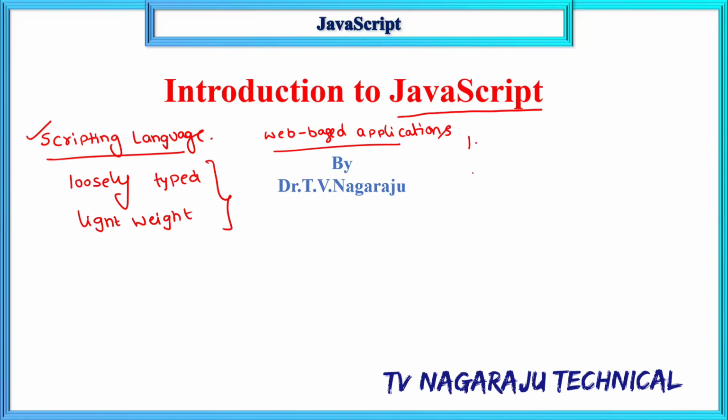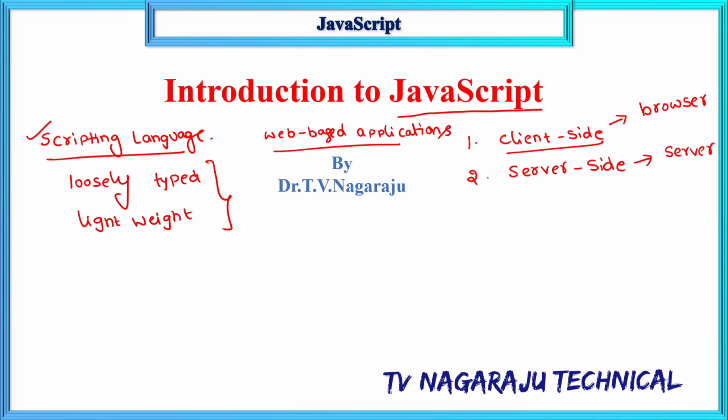Now, scripts are divided into two types: one is client-side script, the second is server-side script. What is the difference? If the script runs on the web browser, such scripts are called client-side scripts. If the script runs on the web server, those are called server-side scripts.